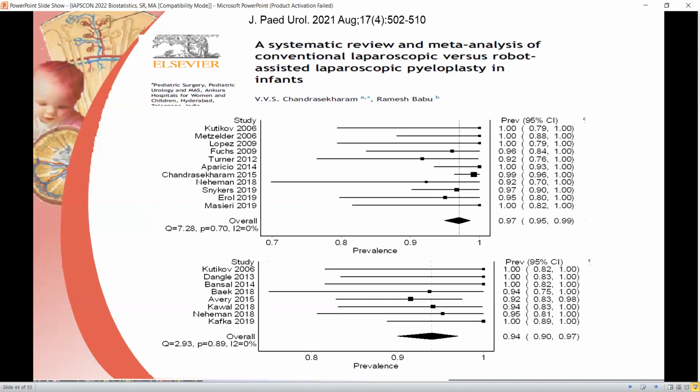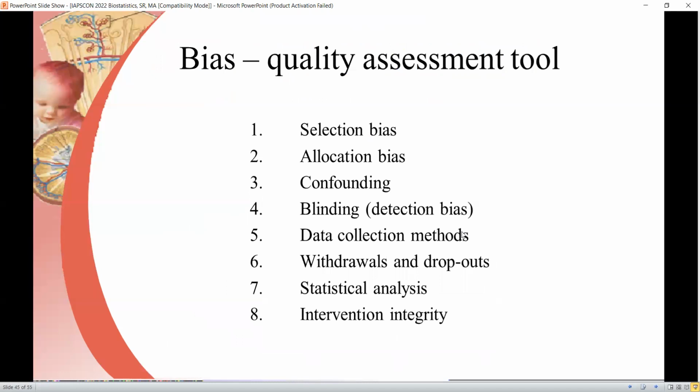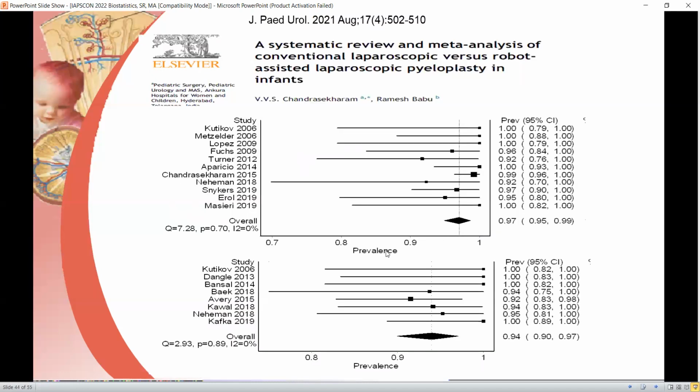For example, here is a systematic review and meta-analysis where we compare laparoscopic versus robotic pyeloplasty in infants in 2021. This is a forest plot, where we have a value in the middle. This is the prevalence, which means the success rate. The overall success rate is given here, 97% for laparoscopic pyeloplasty and 94% for robotic pyeloplasty.